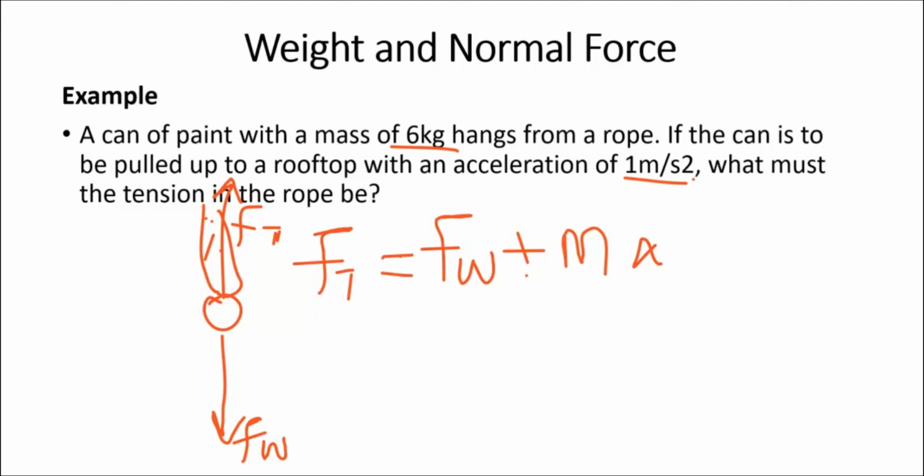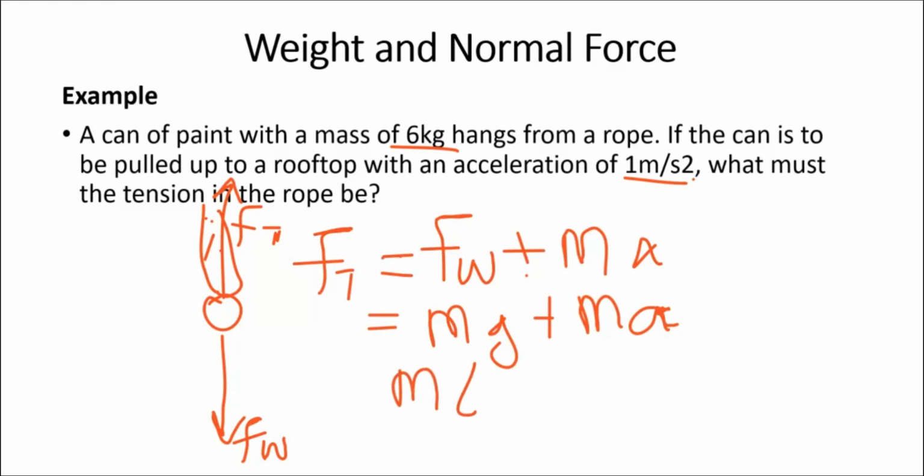And we know that the force of the weight is equal to mass times gravity, that means plus mass times acceleration. Since these masses are similar, m and m, we'll say m bracket g plus a.